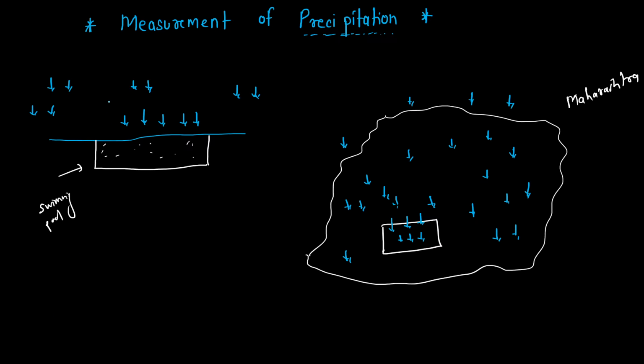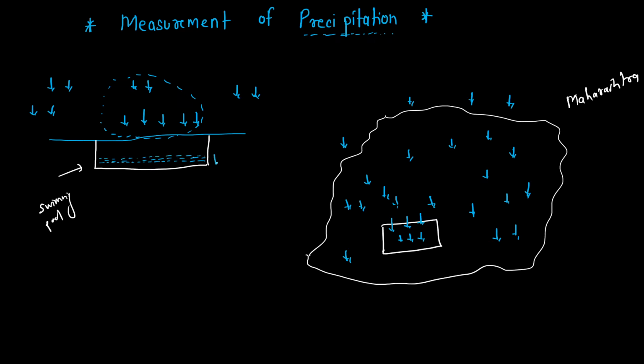Okay, so this amount of rainfall which is getting collected in this swimming pool, what will happen? When these drops fall directly in this water pool, the level of water will start increasing in this swimming pool. Okay, correct, there will be an increase in the level of water in this swimming pool.